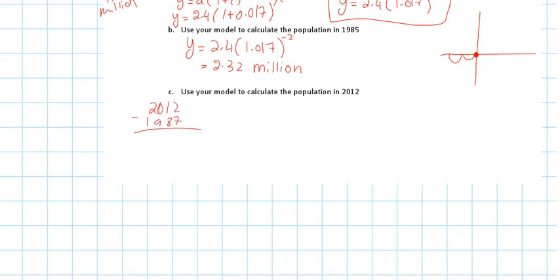So the answer is going to be 25 years. So I'm going to replace this with x, right? So it's going to be y equals 2.4 times 1.017 to the power of 25. And your answer should be about 3.66 million.